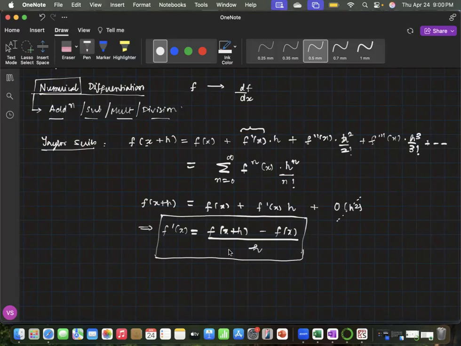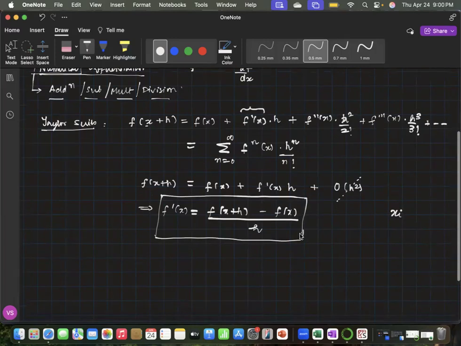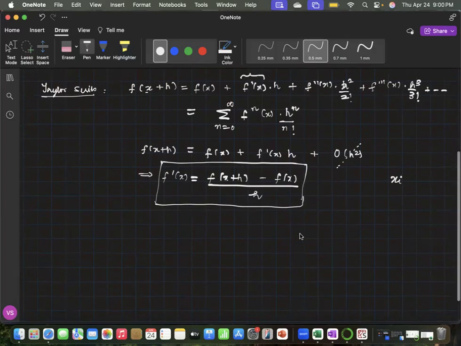Now, over here, you see one thing: if we have, let's say, a data point x_i, in order to calculate the derivative at this data point x_i, we need to find some data point which is, let's say, delta x further, like delta x in front of this x_i, right?